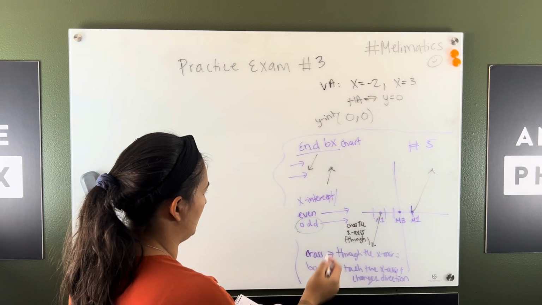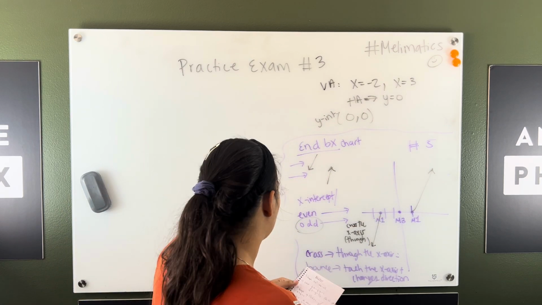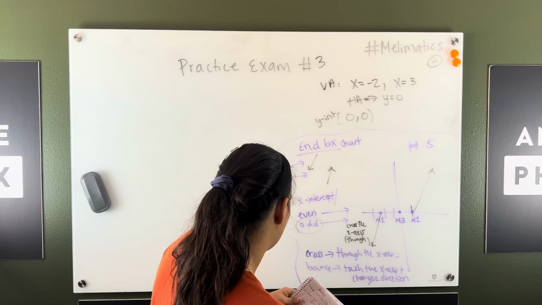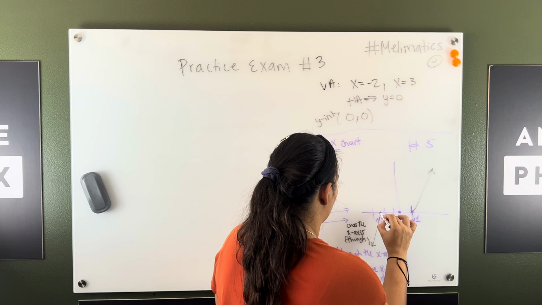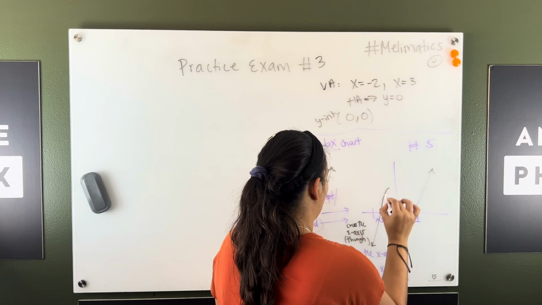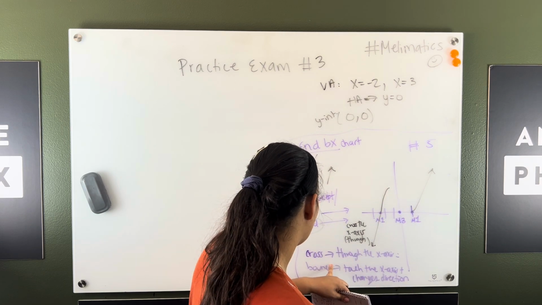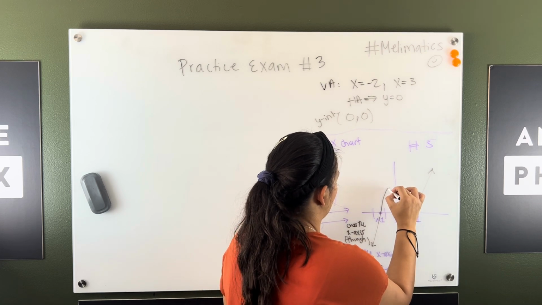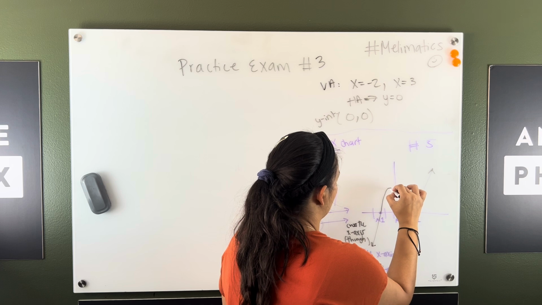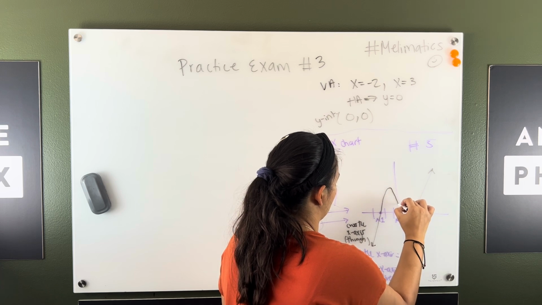Okay, and now we just have to do the middle portion. So for the middle portion, for all these it's going to cross, meaning that it's going to go through the x-axis. So at this point, I'm going to go up. Okay, now as I get to the other root, it's going to cross the x-axis, so it's going to have to start going down in order to go through the x-axis.